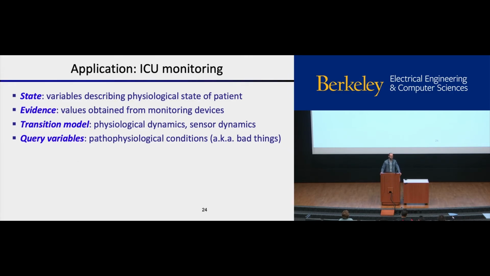The transition model comes from stuff we know about physiology, how things are likely to change over time, and how the sensors are likely to change over time. And then what we're interested in are pathophysiological conditions, that is, bad things going on with the patient. So we want to use the evidence and a transition model to infer things about the state, and then infer things about problems.